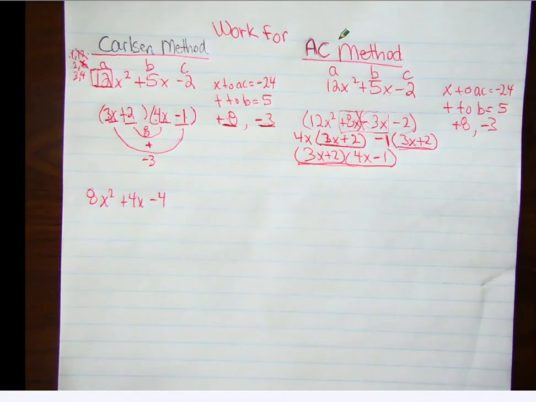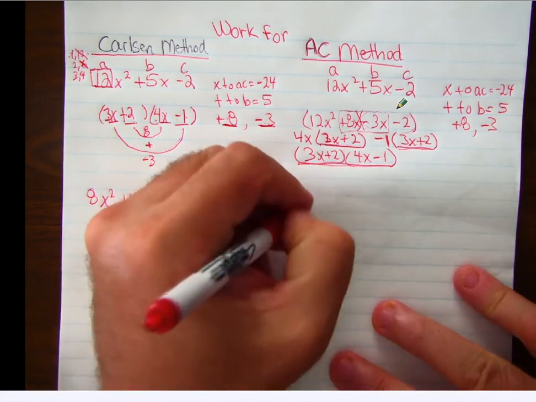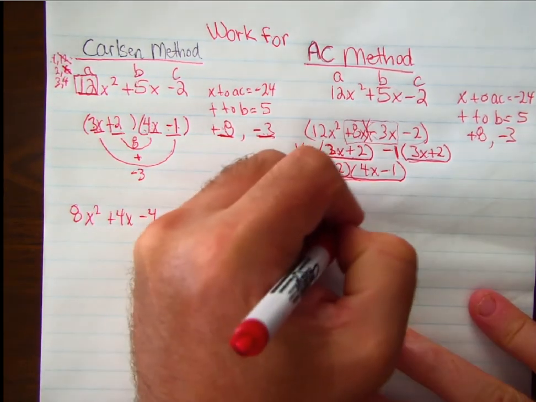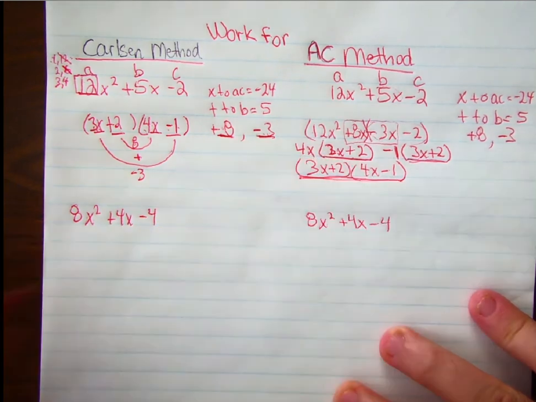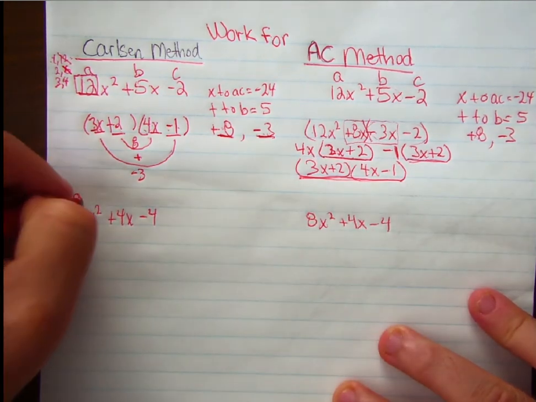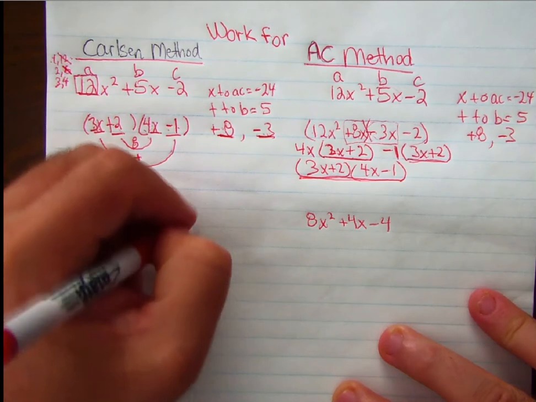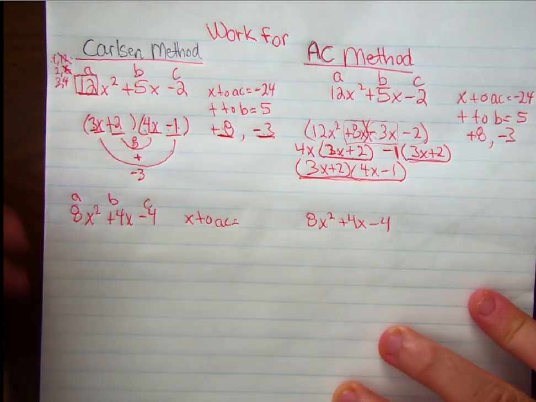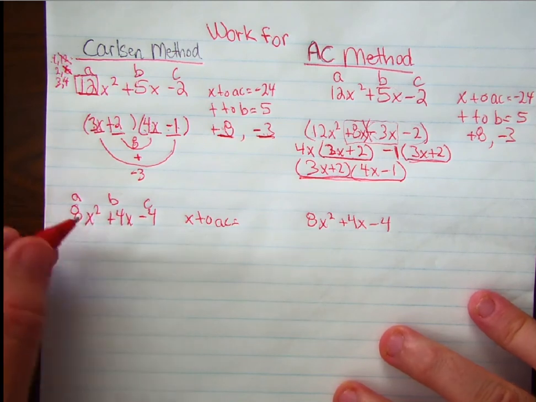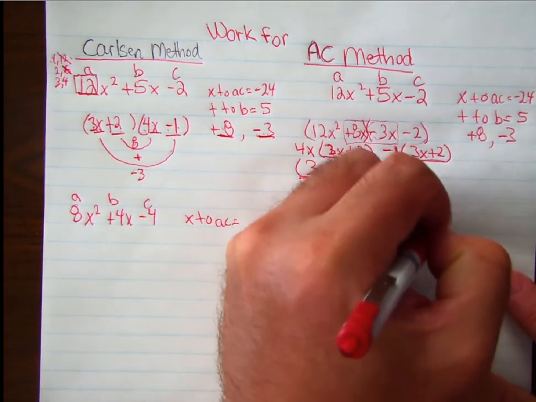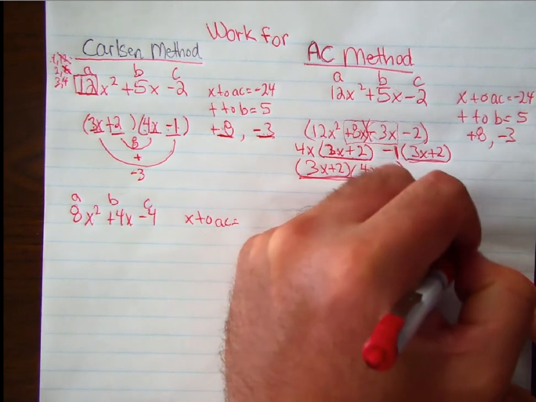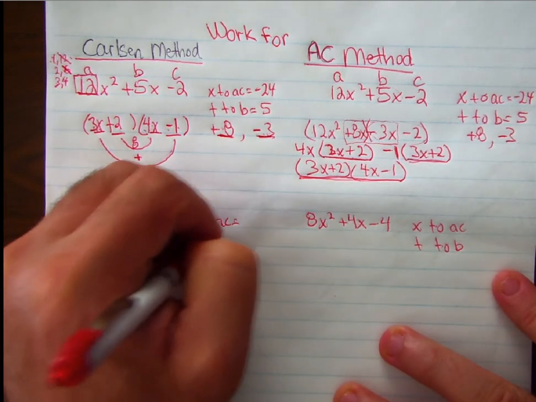Write it down again over here, 8x squared plus 4x minus 4. There's my A, B, C. Multiplies to AC, adds to B.